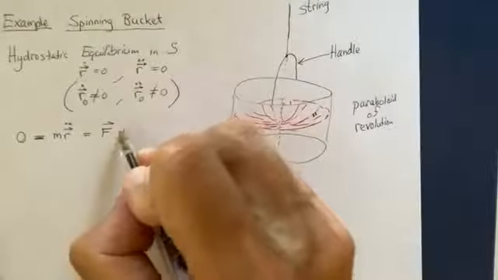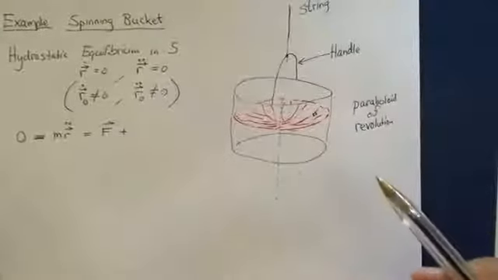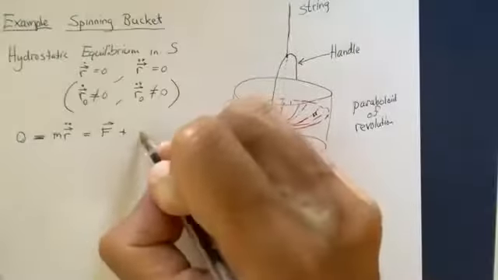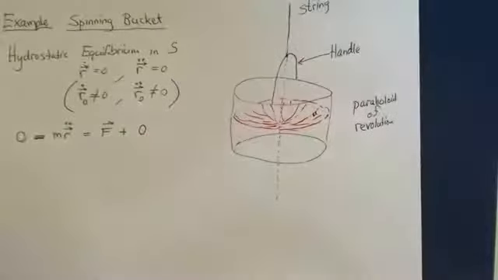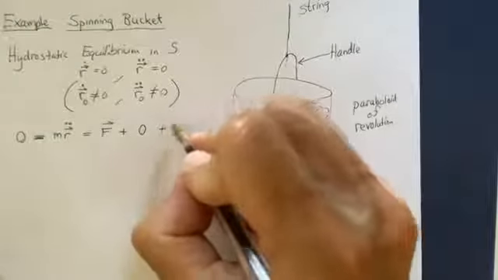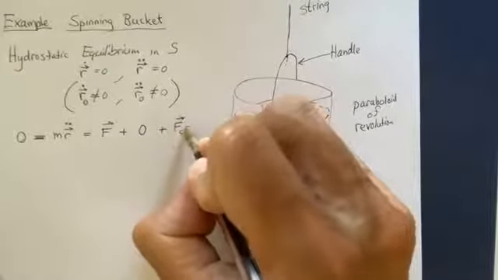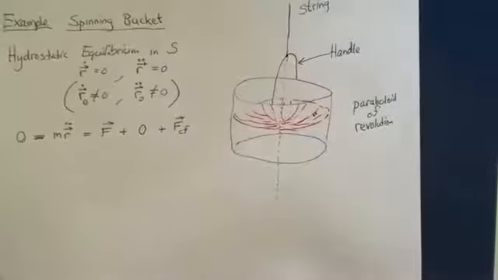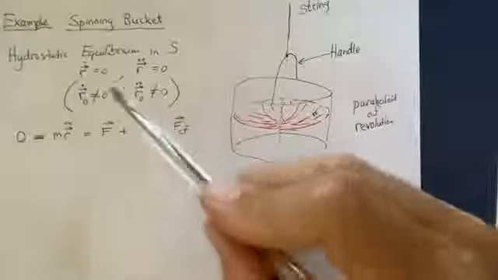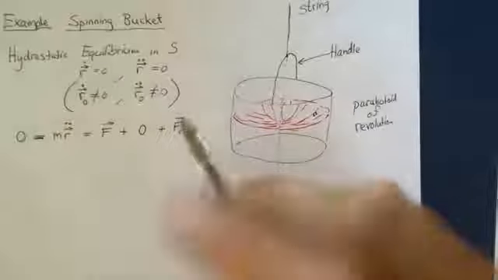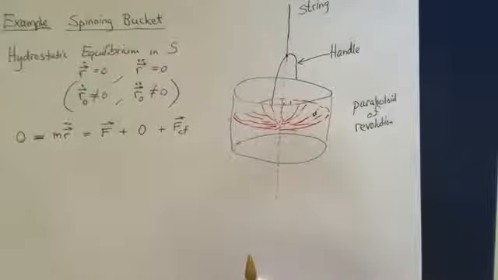Plus, now that we're in the S frame, we have the Coriolis force and the centrifugal force. I'll put a 0 to remind us the Coriolis force is 0, but we do have a centrifugal force. Okay, so there you have it. And again, the Coriolis force is 0 because the velocity is 0 in the S frame.